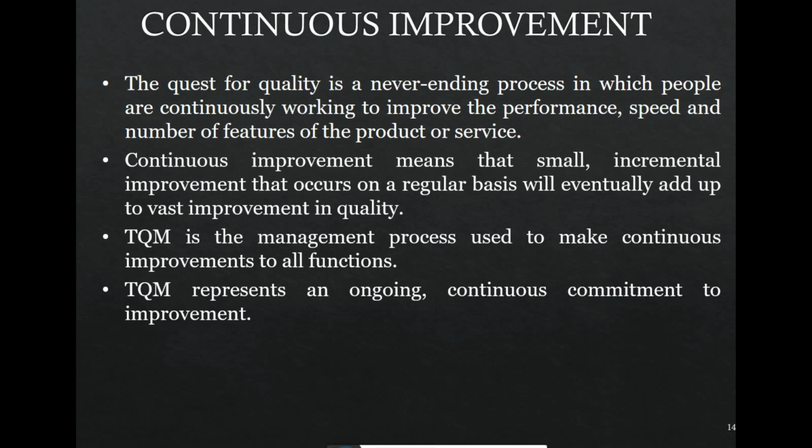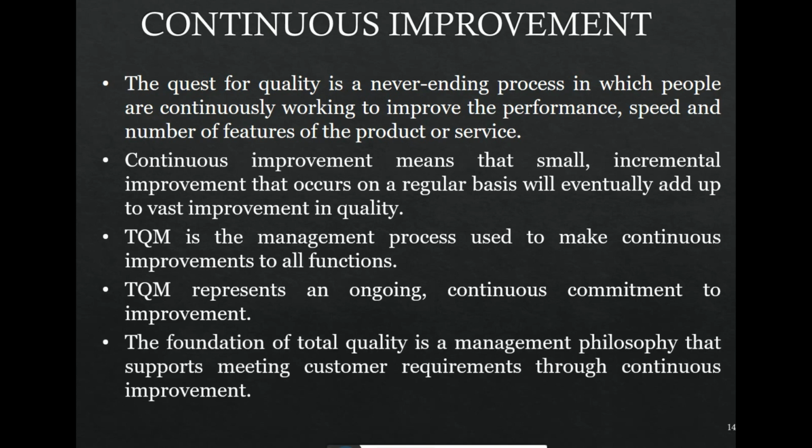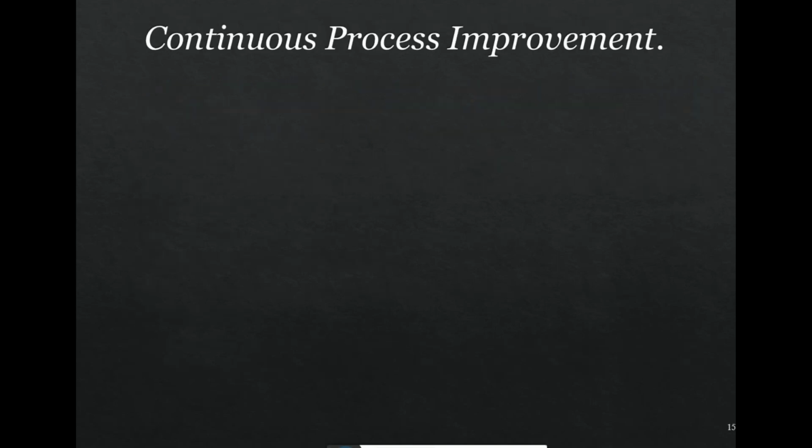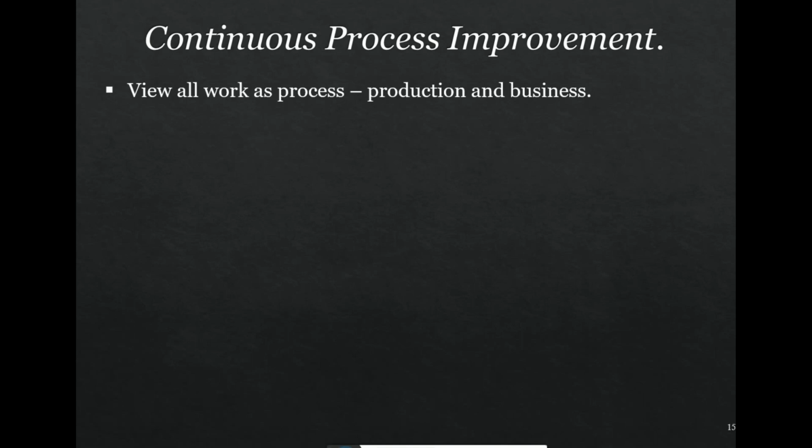The foundation of total quality management is its philosophy that supports meeting customer requirements through continuous improvement, the continuous process improvement. If you think that you have to use the continuous process improvement tools, then you have to consider all of your work in the organization as a process.